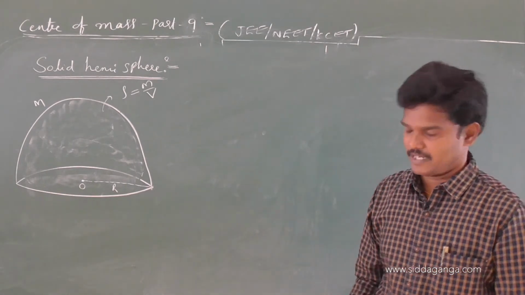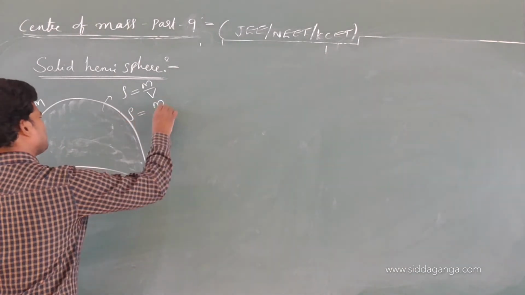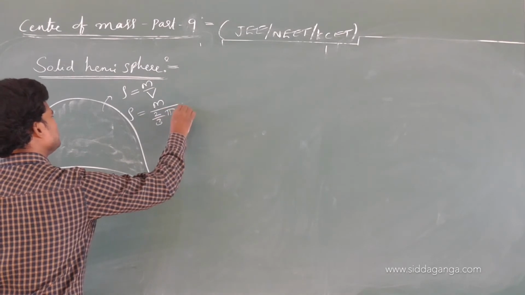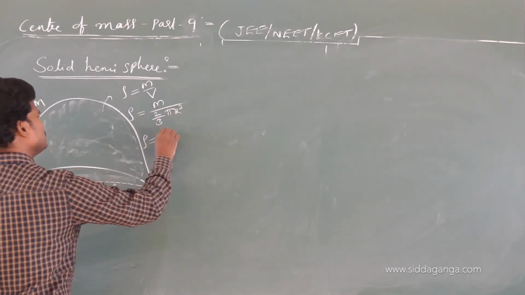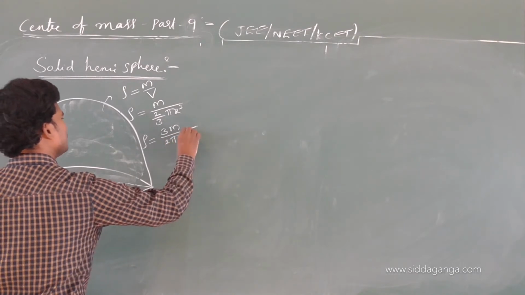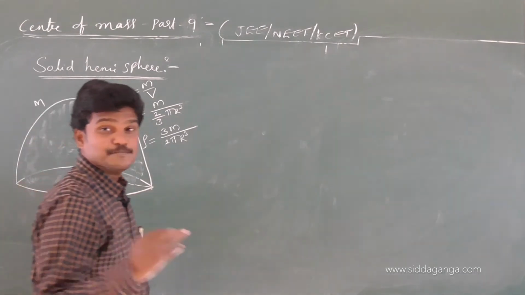So 2 by 3 pi r cube. So rho is equal to 3m by 2 pi r cube. This is rho.